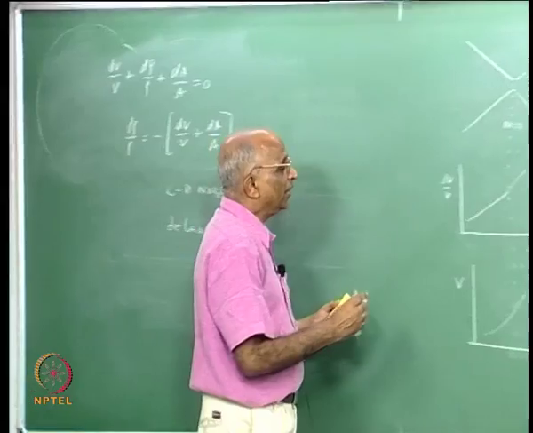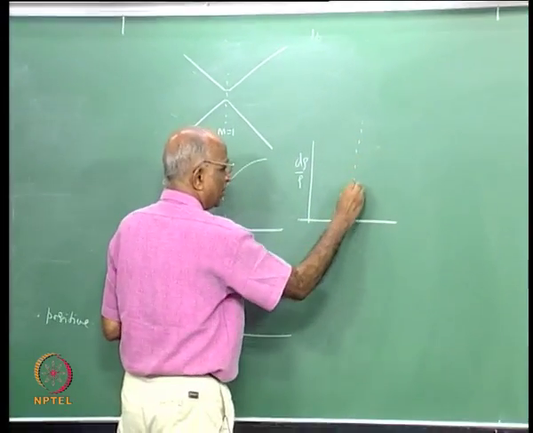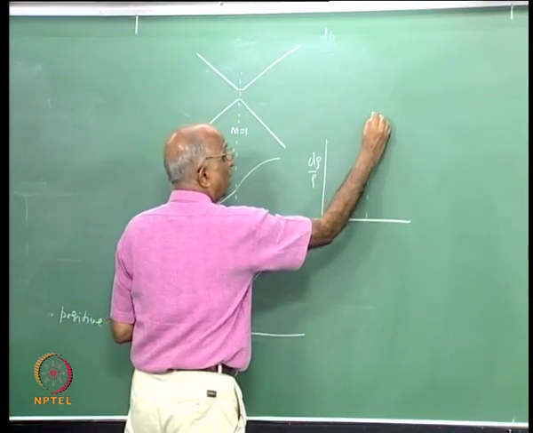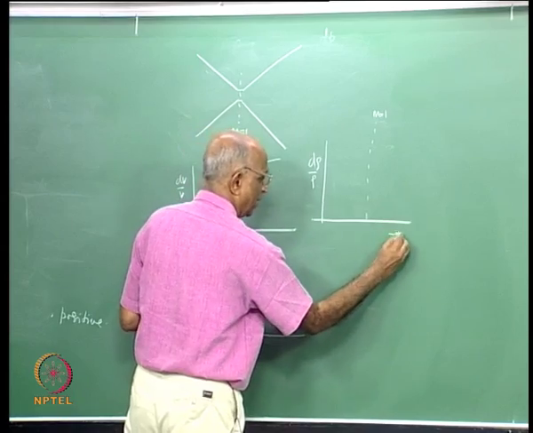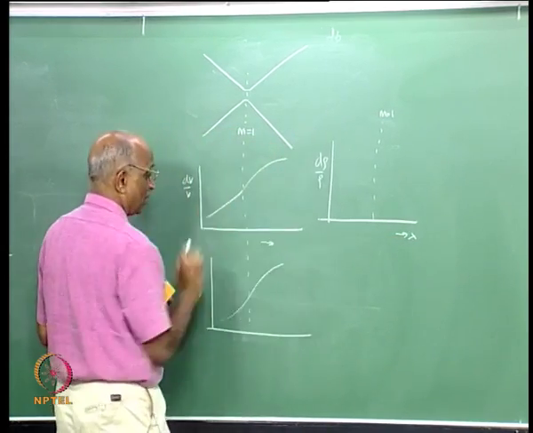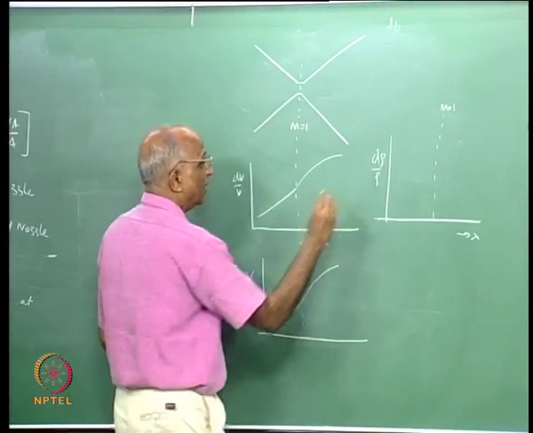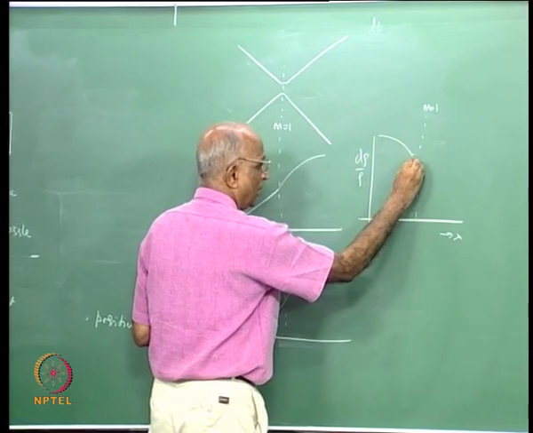If this is my throat region, that means I have Mach equal to 1 here, and this is my length x along the nozzle. I find therefore the density will keep falling.